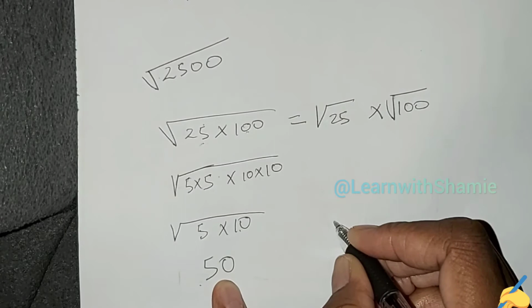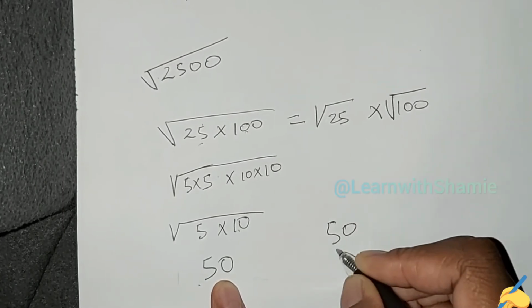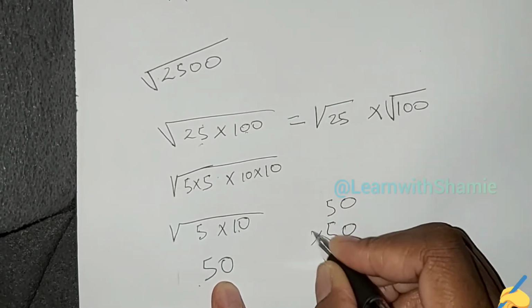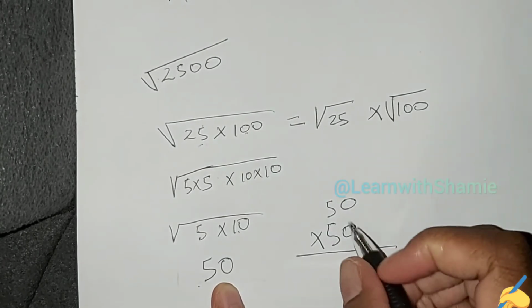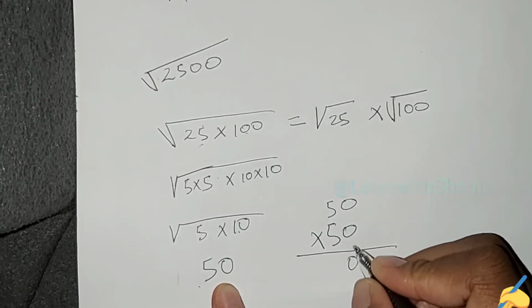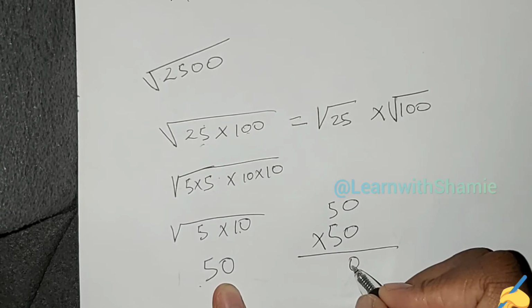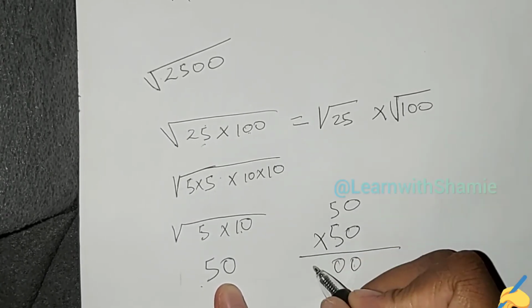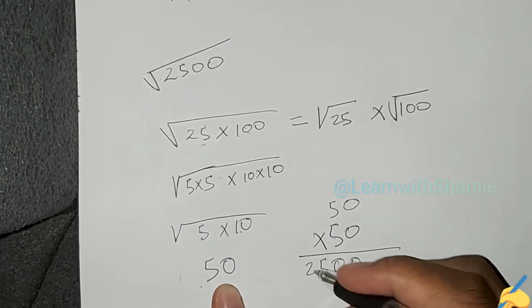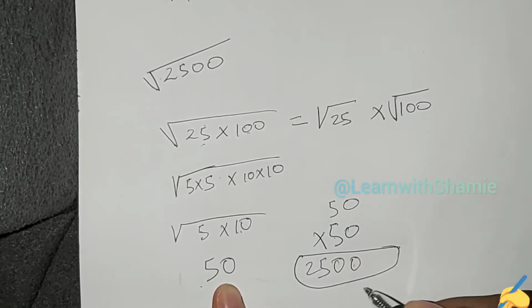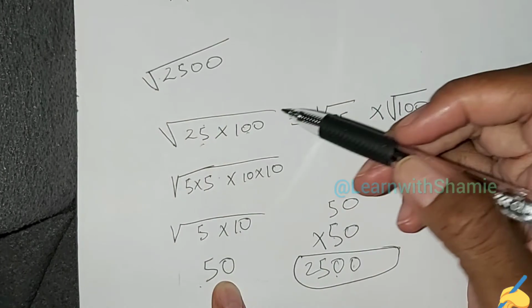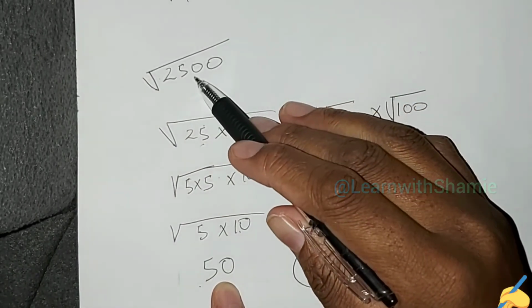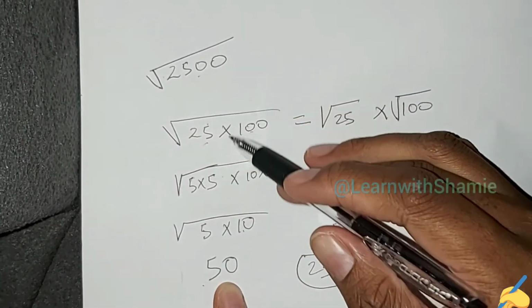Let's multiply 50 times 50 to see if we'll get back this 2500. Doing short multiplication, I just put down the 0 here. So 0, 25, 25. So you see, I get back your original number, which is 2500. So this is how you'd find the square root of a number.